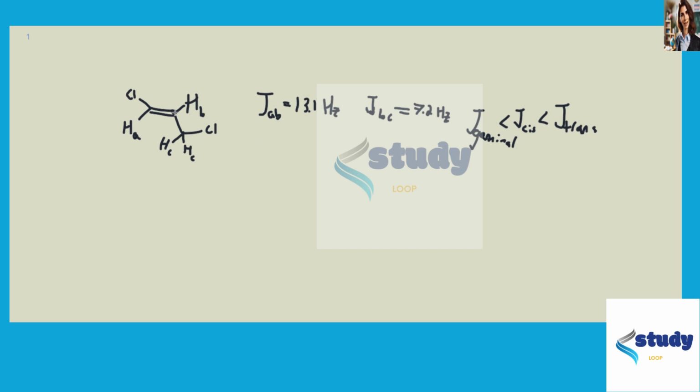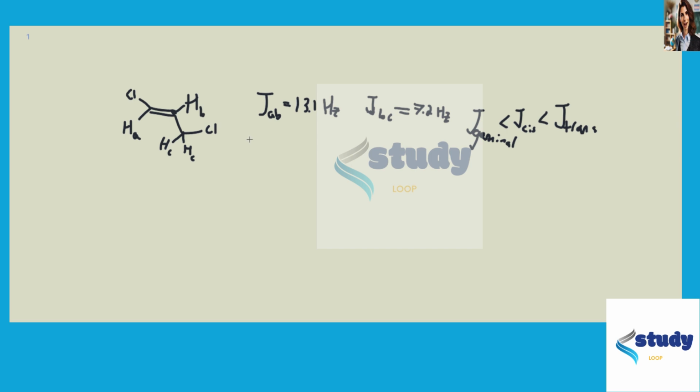If, for example, there was a proton here, then these two would be geminal to each other. But in this case, we're dealing with a trans case, and these two are not considered geminal. Geminal will be coming off the same carbon, but that's not the case in this example.